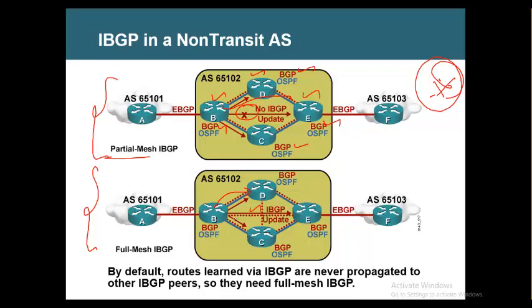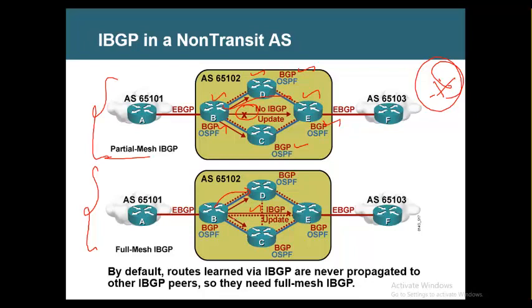So why is full mesh needed? Because to prevent loops, there is a rule. Routes learned via IBGP are never propagated to other IBGP peers.